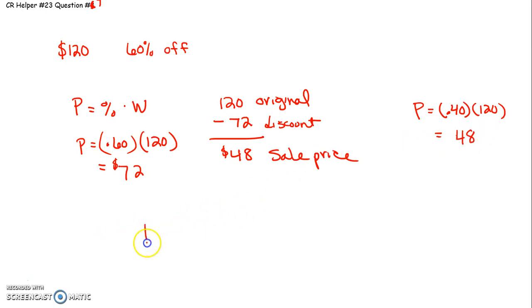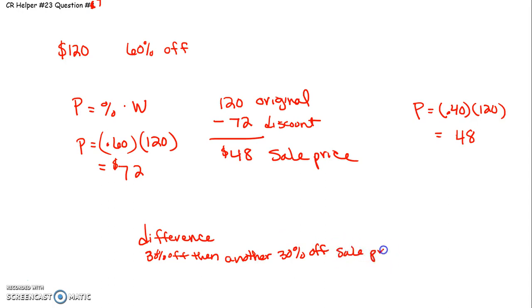All right, but they want the difference between if we took 30% off, then another 30% off the sale price. We found out that it would be $58.80 we'd still be paying.